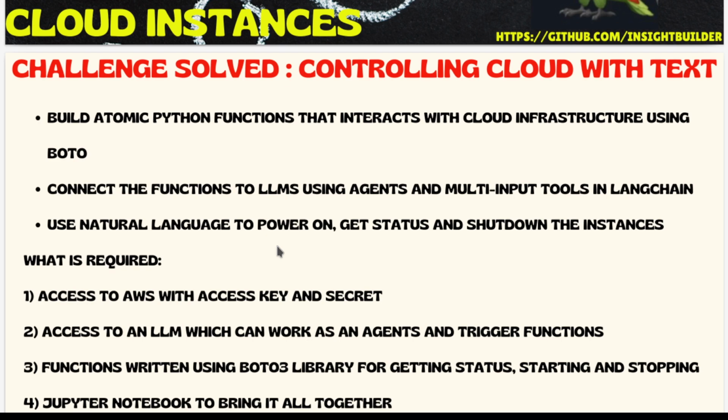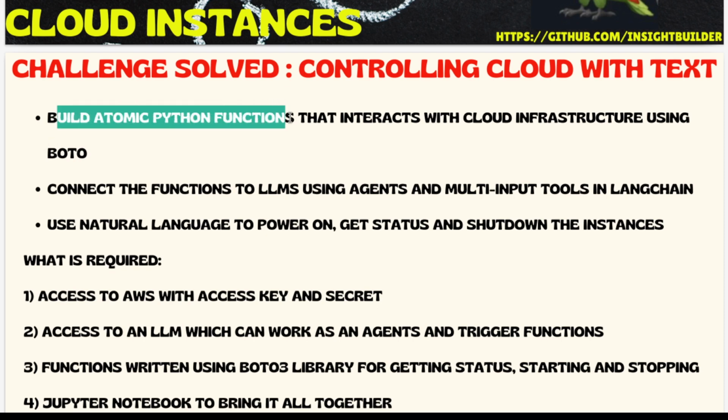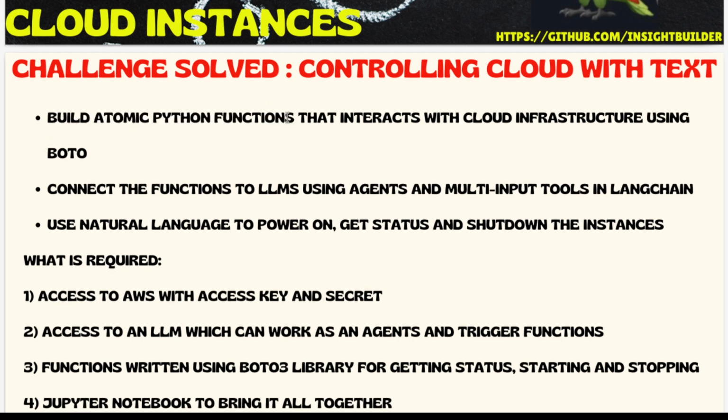The key point I wanted to highlight here is that you have to build atomic Python functions. Ensure that you don't give additional function capabilities to any tool. So one tool does one thing, returns one aspect of the data or of the instance, not all the aspects. Why is that?